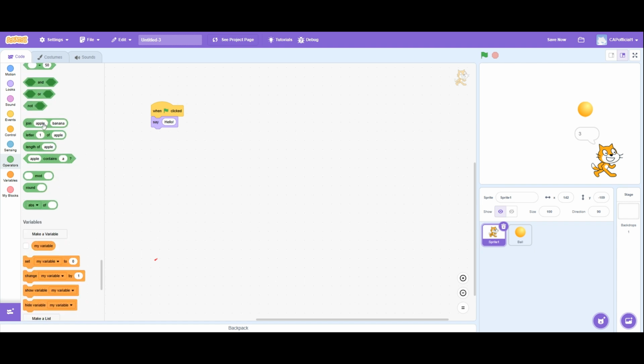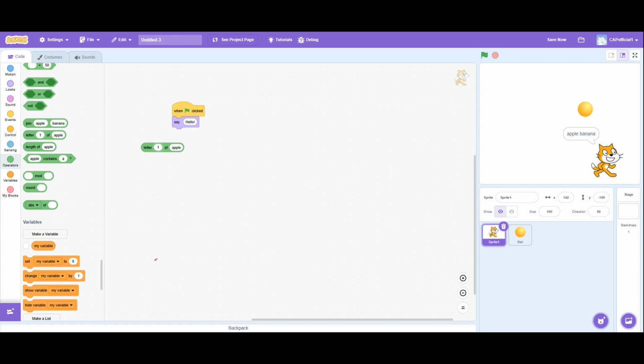So join just joins two values. So here, as you can see, if you join apple and banana, you get apple banana. This one tells you what letter is at the index of the number here.